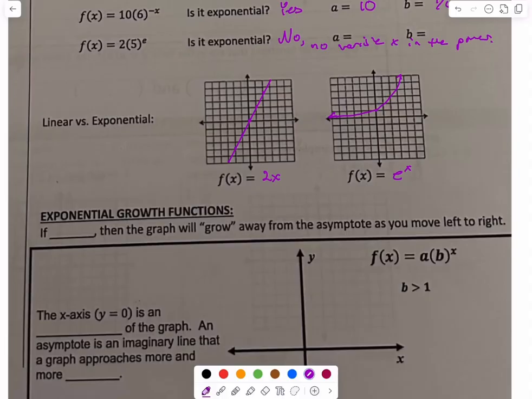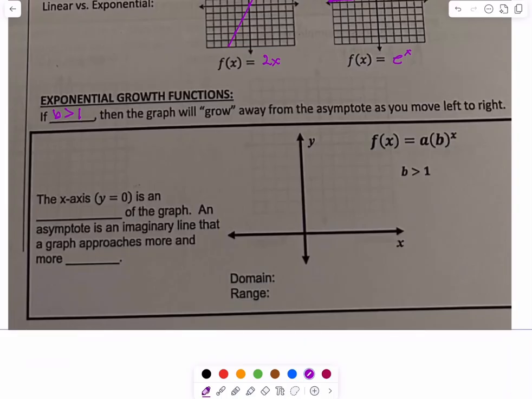Exponential growth functions: if the base b is larger than 1, then the graph will grow away from the asymptote from left to right. If it's between 0 and 1, it's going to decay.